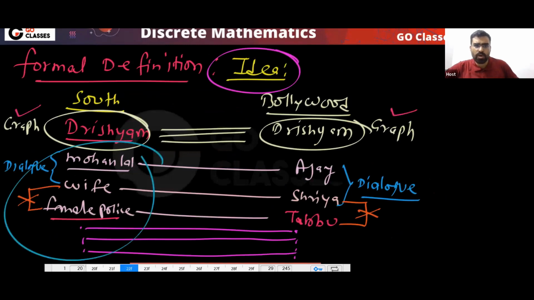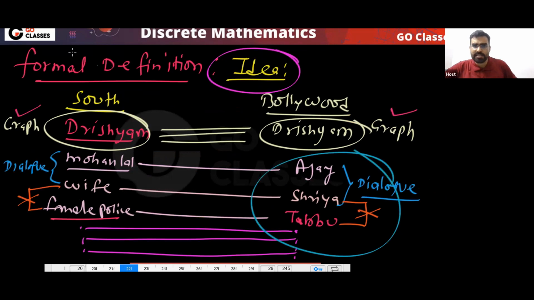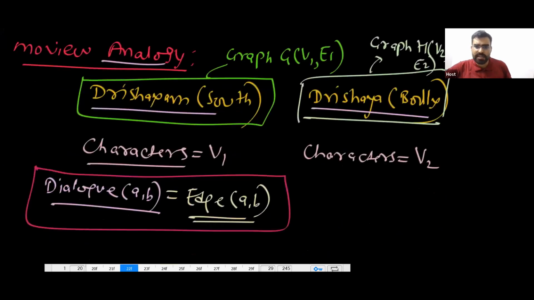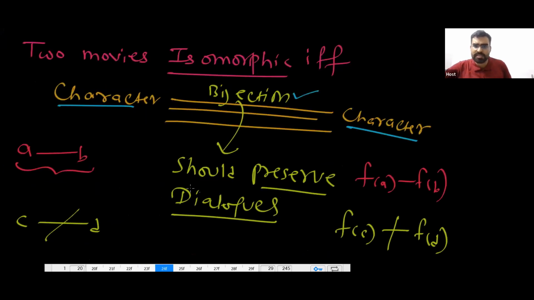These are the characters, Mohanlal's wife, this female police officer, and these are the characters here. So you put the characters in a one-to-one correspondence such that, this is important, the dialogues must be preserved. If these two people have a dialogue, then their corresponding characters here also must have a dialogue.